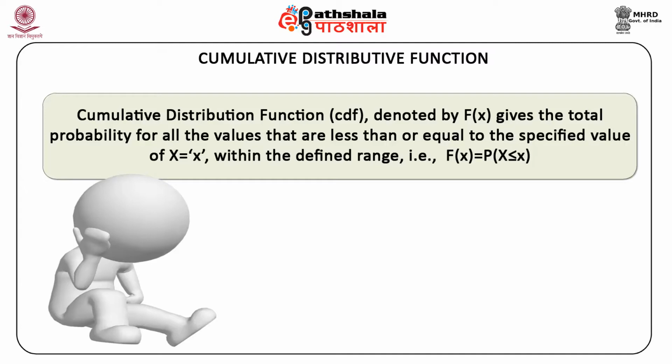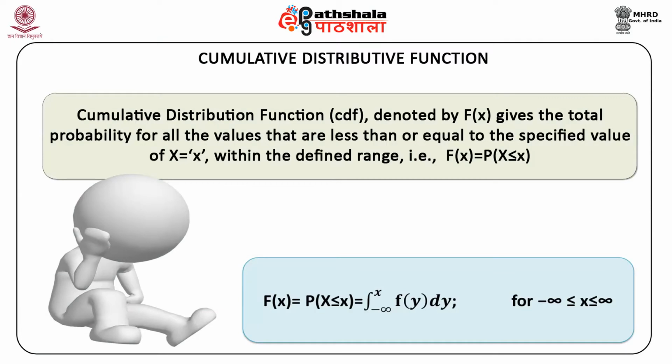For a continuous random variable, it is obtained by integrating the PDF between minus infinity and the specified value of x. So F(x) is equal to the probability that big X is less than or equal to small x, which is equal to the integration from minus infinity to x of f(y) dy, for x between minus infinity and plus infinity.